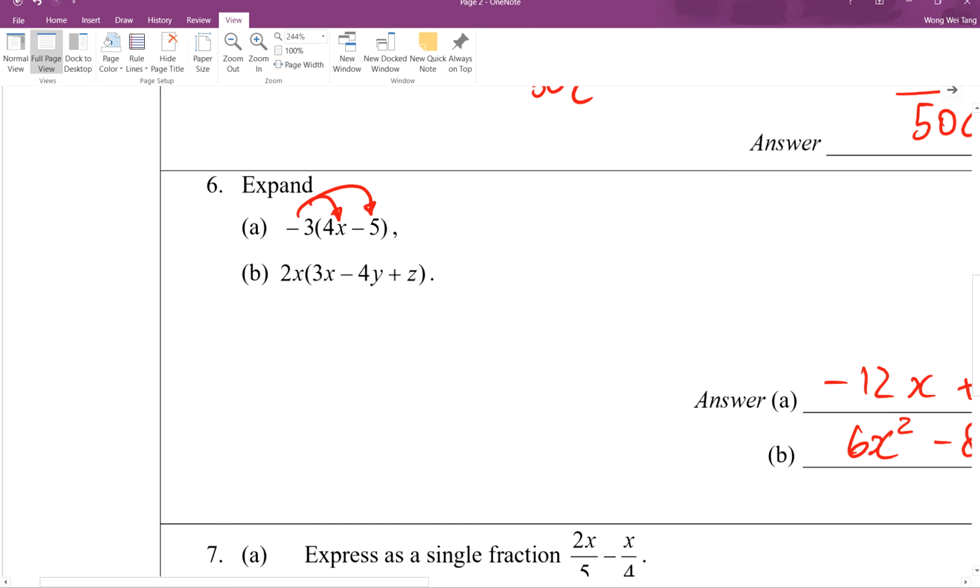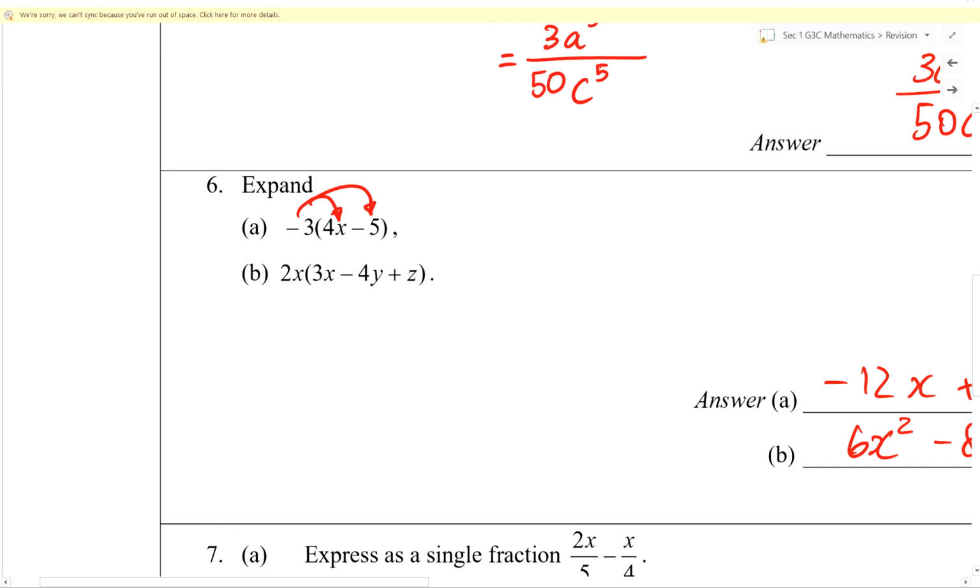So it is the same rainbow method. We draw arrows. We take the entire 2x multiplied by 3x first. Just like in part A, negative 3 multiplied by 4x. So in this case, 2x multiplied by 3x. It's okay if you cannot do it mentally straight away. Write it down like this.